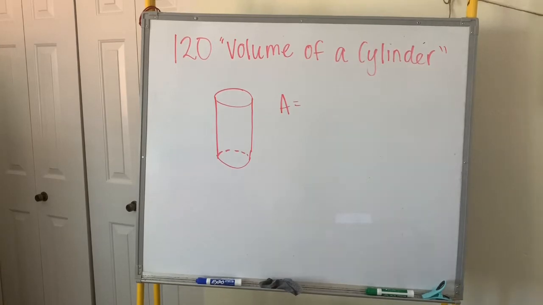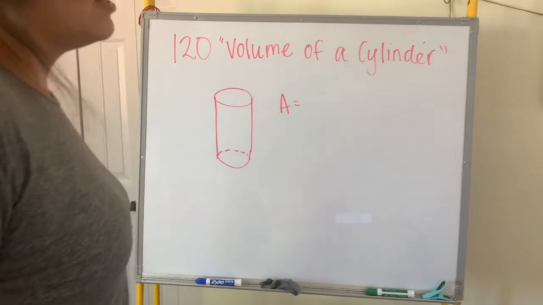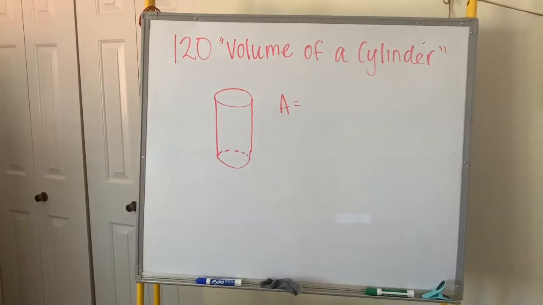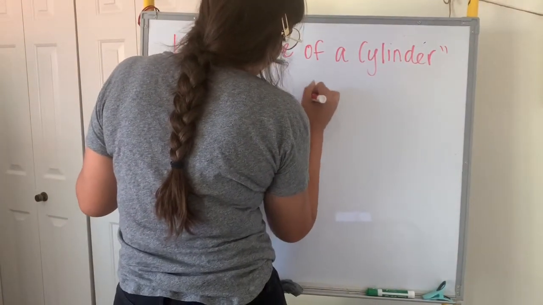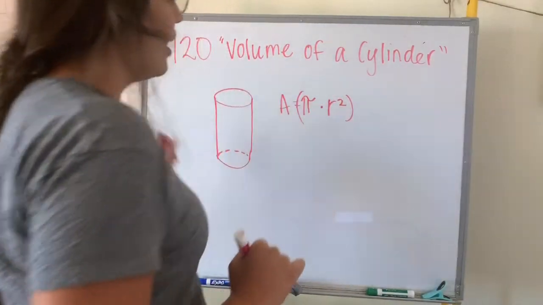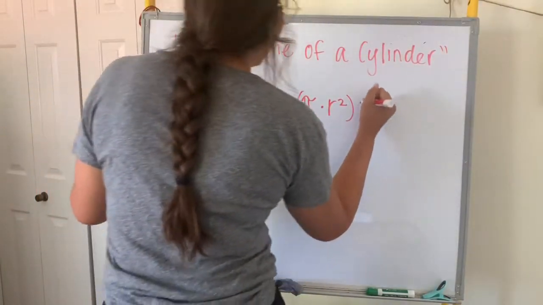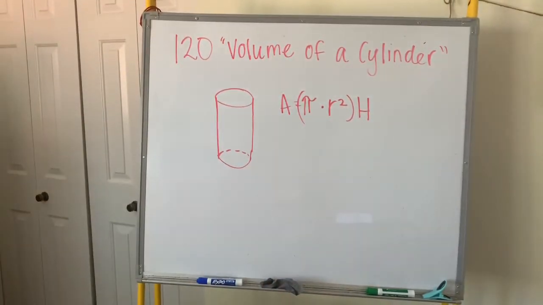So technically, we're going to do 2 things. We're going to find the area of a circle, and do you remember the area of a circle? The area of a circle is pi times the radius squared, and we're going to multiply this times the height of the cylinder.